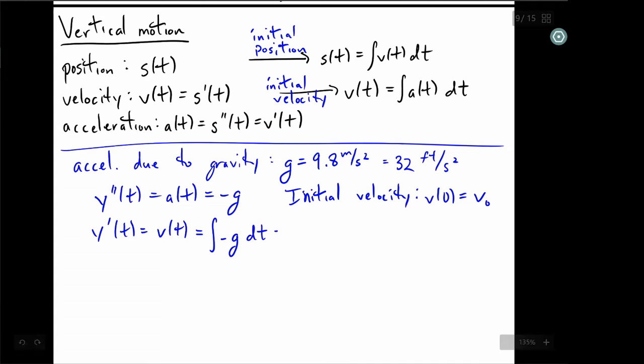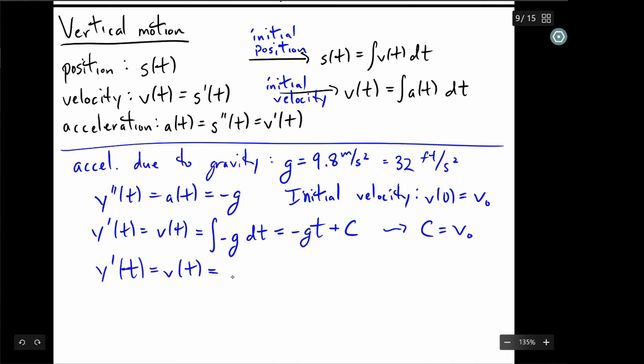If I do this, I wind up with minus gt plus c. And c has to be v naught. So the velocity, y prime of t, which is v of t, is v naught minus gt.